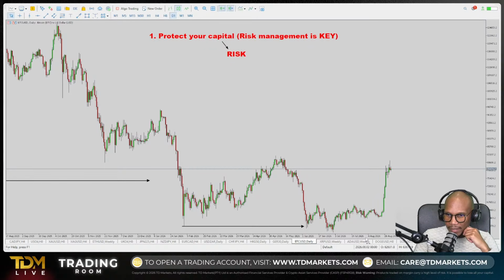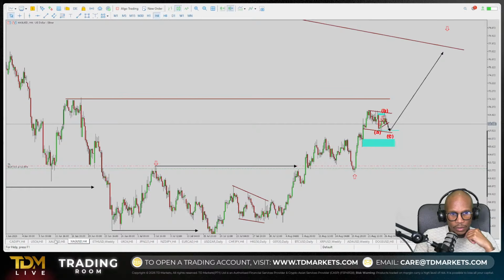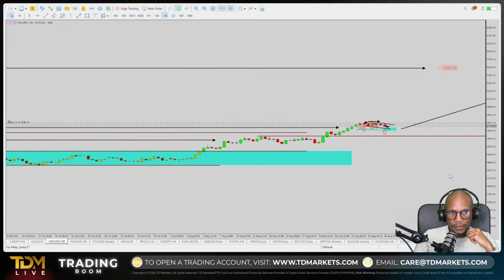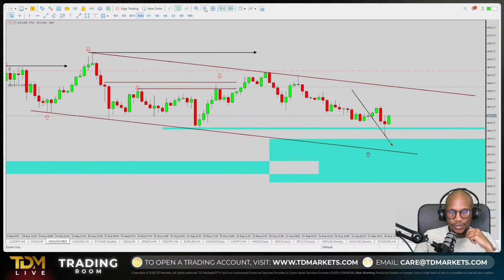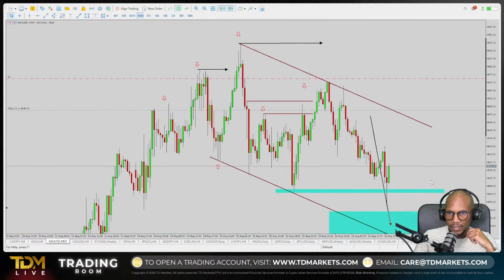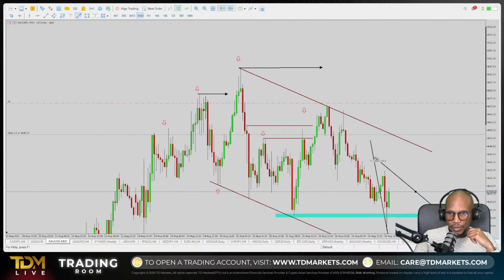If you look at my gold trade, this is not a tight stop loss. I executed the position here, and then I gave the distance of my stop loss to give the market room to breathe.